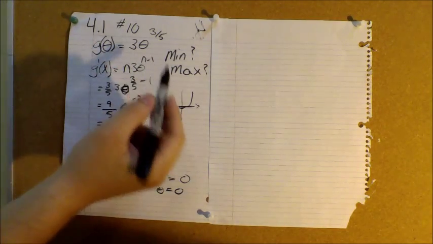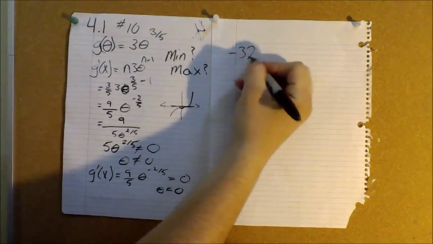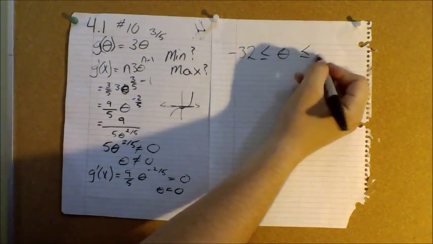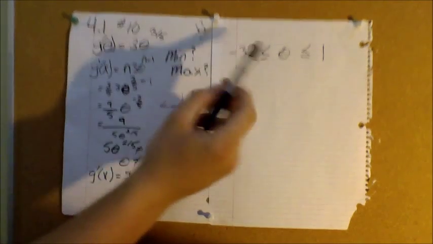So the domain is negative 32 is less than or equal to theta, which is less than or equal to 1. Yeah, I think that's right. Negative 32. So now these are our endpoints.